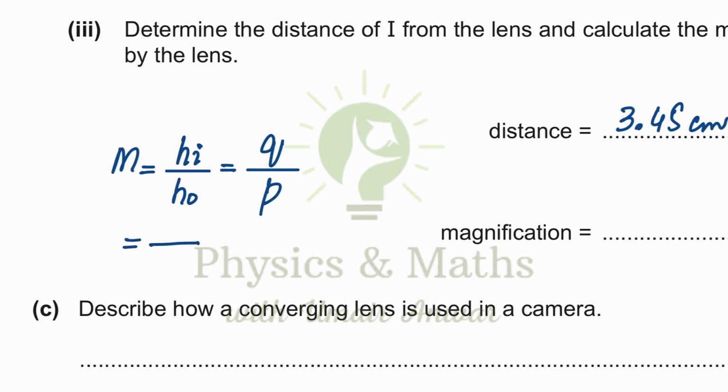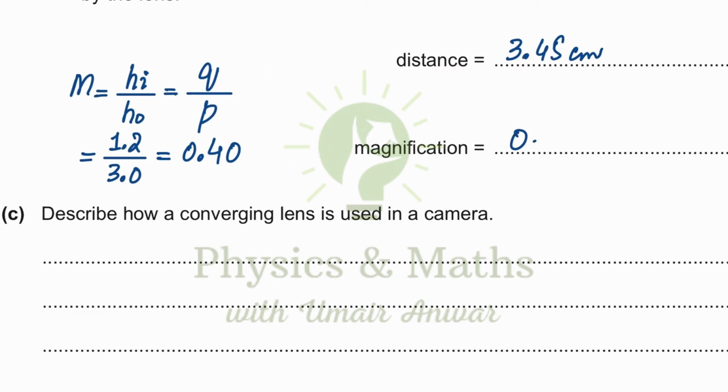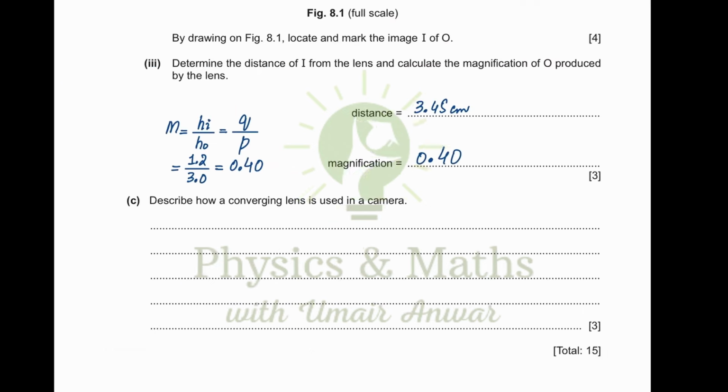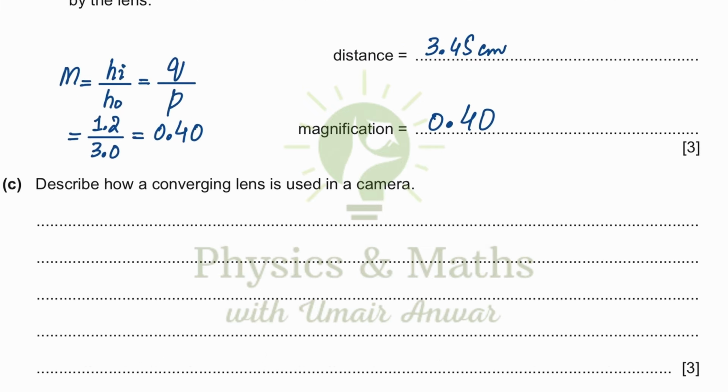If we use the first one, the height of the image is 1.2 and the height of the object is 3.0, so 0.4. And to make it into significant figures, I'm writing 0.40. So 0.40, and it does not have any unit, is the linear magnification in this.